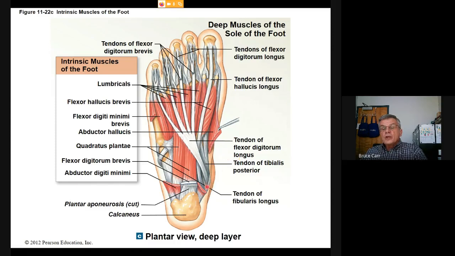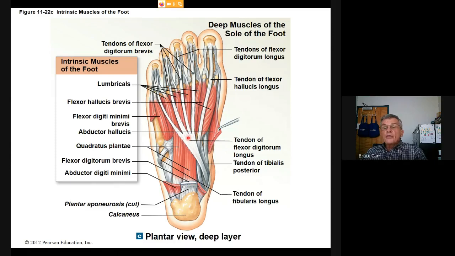So you'll notice that it runs around that medial malleolus, that bump that's produced by the tibia on the medial side. And it catches on that. It's held there by another ligament. So this acts as a pulley. When you flex the muscle in the calf, it pulls this way on the toes, exerting force on the surface of the ground.